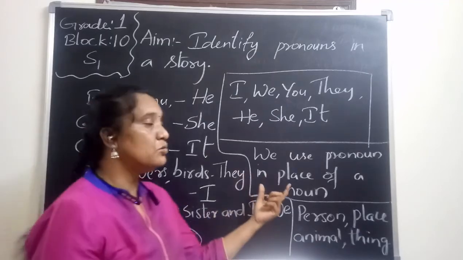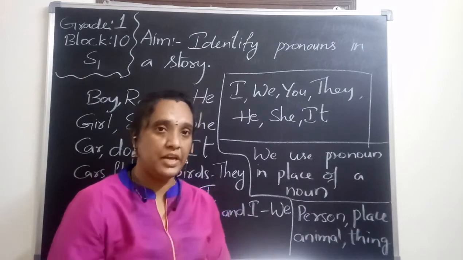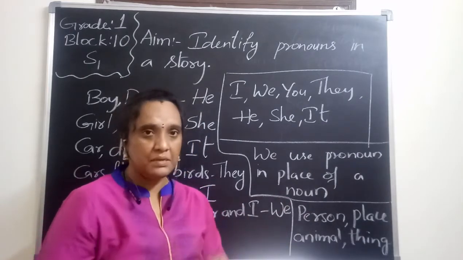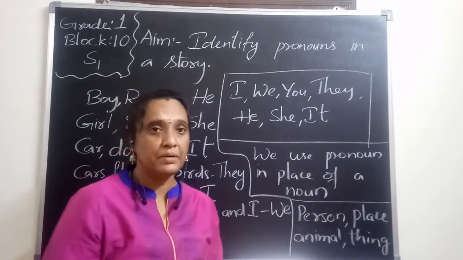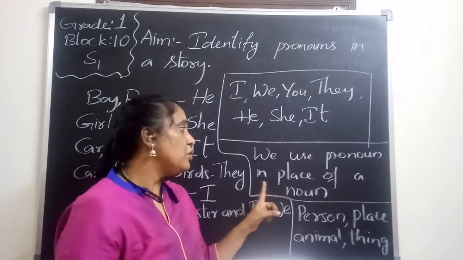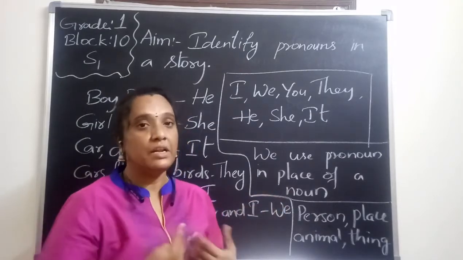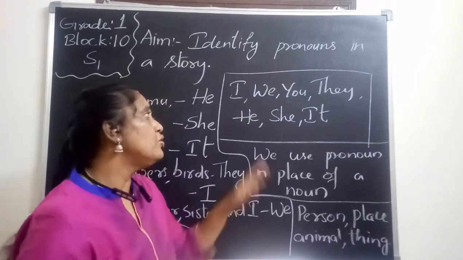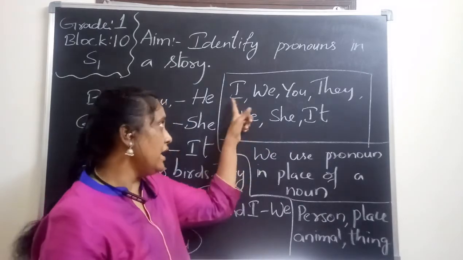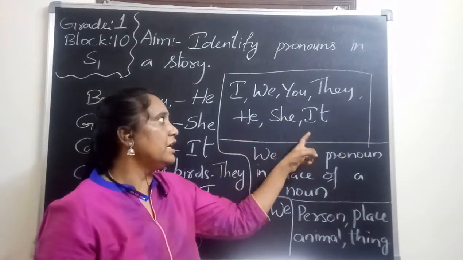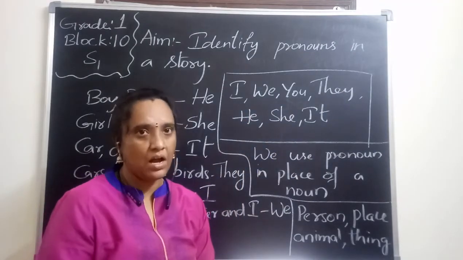So a pronoun is used only when a repetition takes place in a sentence or in a paragraph. If the same name or the same person or thing is repeated more times, they use the pronoun. They replace the noun by using the pronoun. Now you know what pronouns are: I, we, you, they, he, she, it. So these 7 are the pronouns.